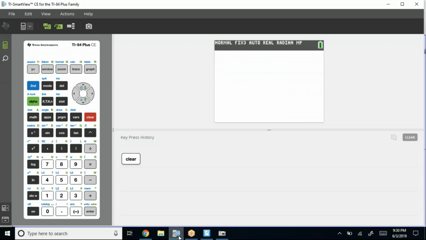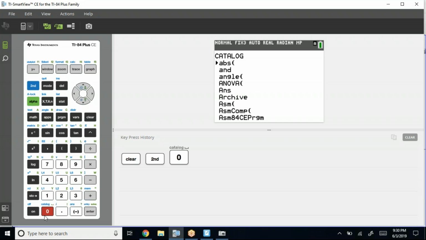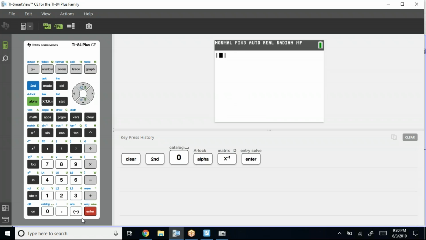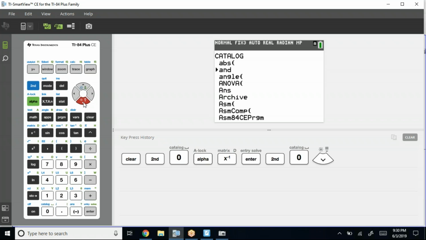All right, so let's go to D, which is second, calculate, and you got to scroll down till you get to D, diagnostic on and off.